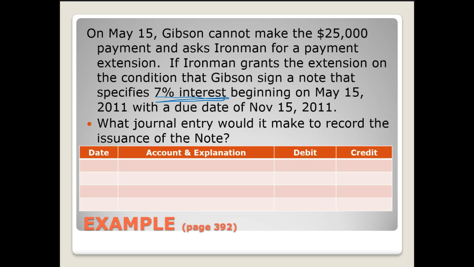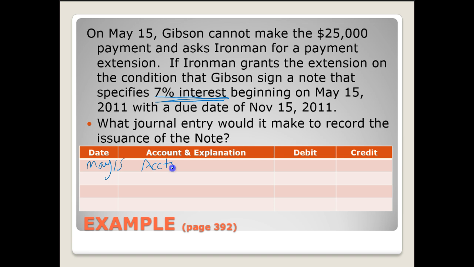So a 6-month note. How would Gibson, the company that was unable to pay $25,000 on May 15th, record this note? Well, first of all, we want to give it the date May 15th, because this is when things changed. Remember, they couldn't pay their accounts payable as of May 15th.